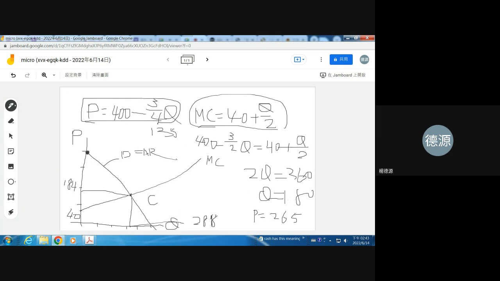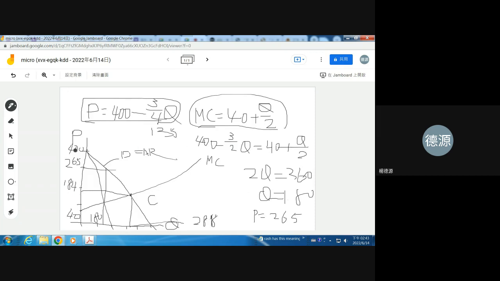Okay, so for the monopoly's case, the production level is 180, and the price is equal to 265. Okay, so now, how much is here? Here is 400.